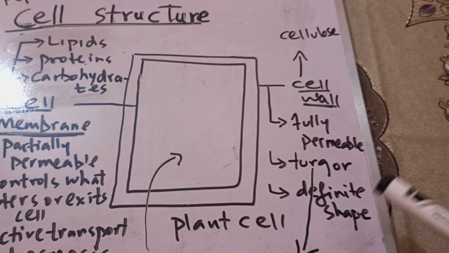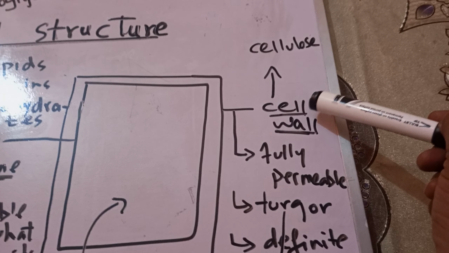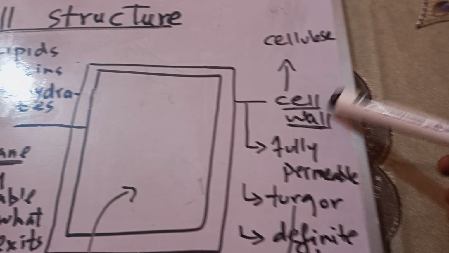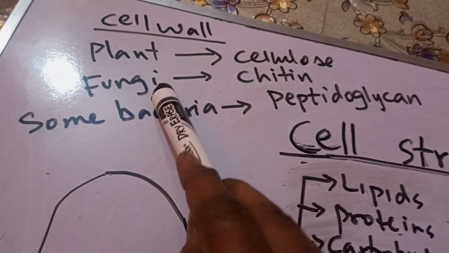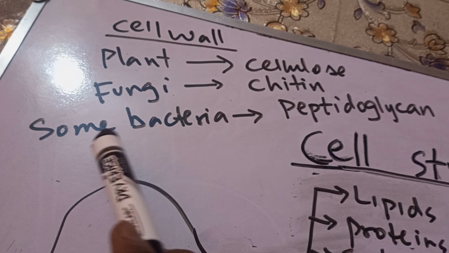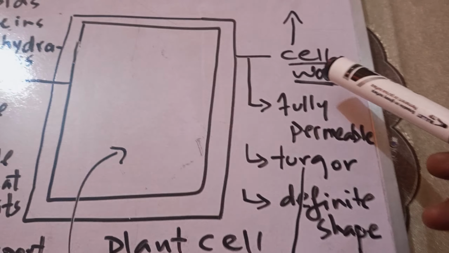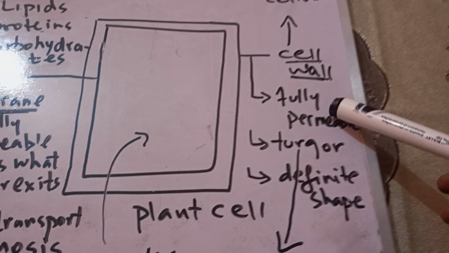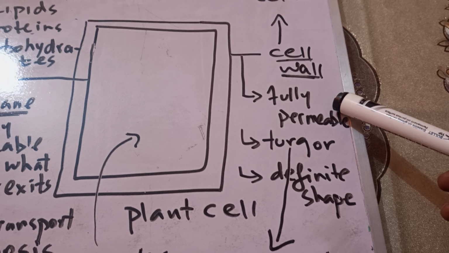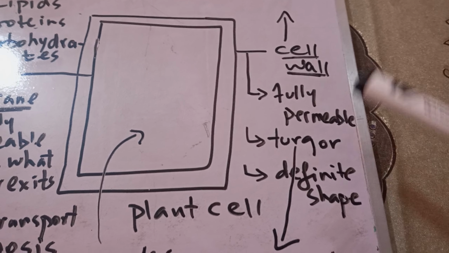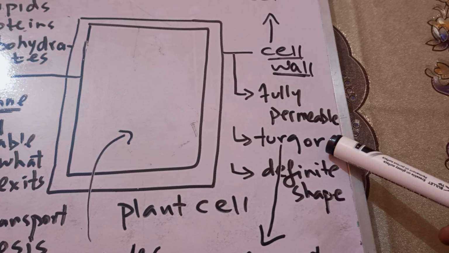So listen once again, my dear students. The cell wall in the case of plants is made up of cellulose. In the case of fungi, it is made up of chitin. In the case of some bacteria, the cell wall is made up of peptidoglycan. The cell wall is fully permeable. That means any kind of molecule can pass through it. The cell wall helps in turgor.